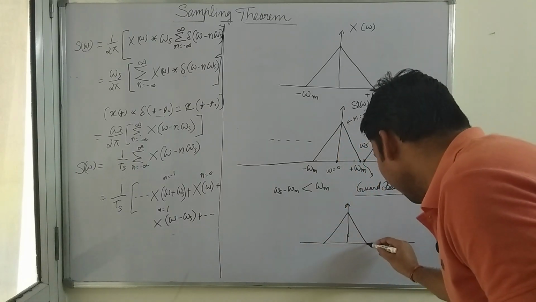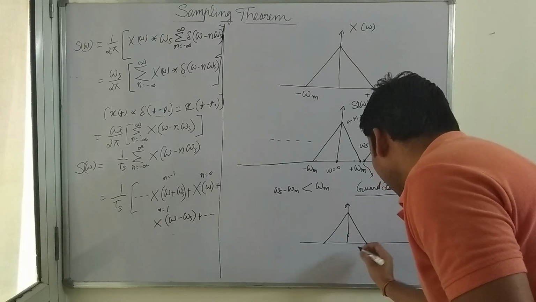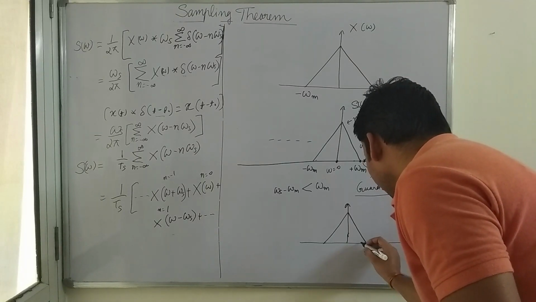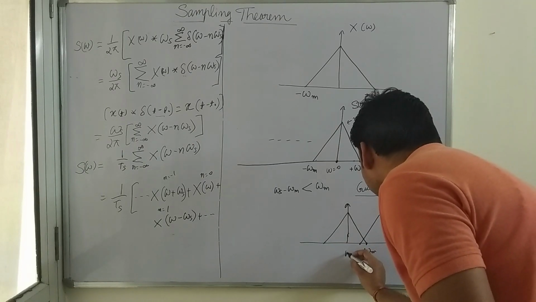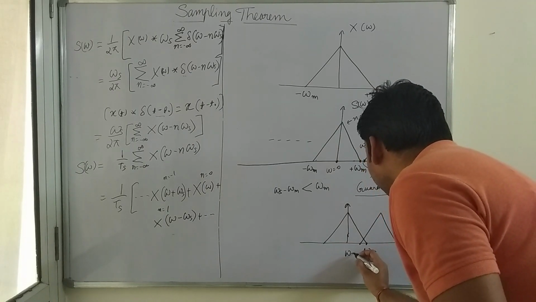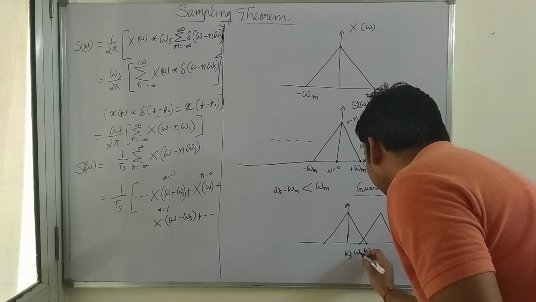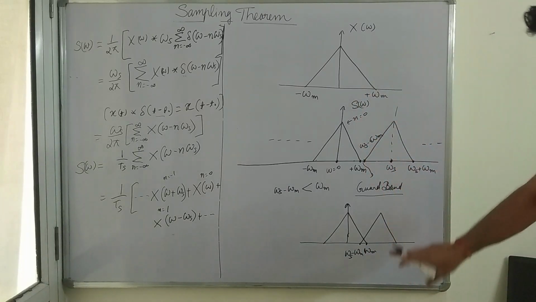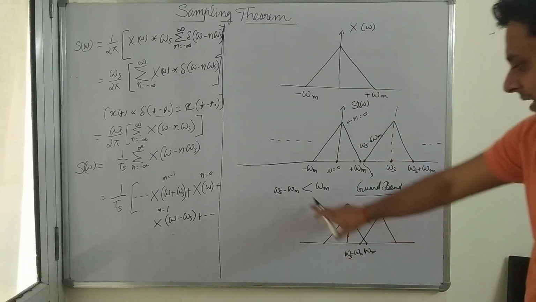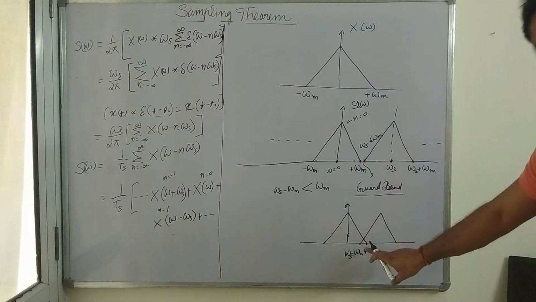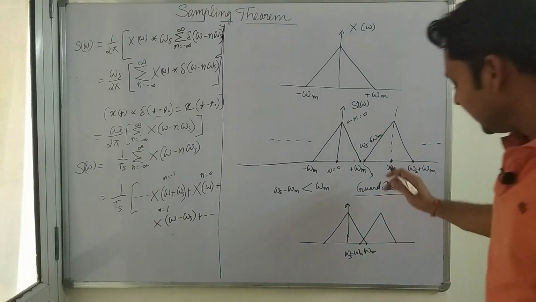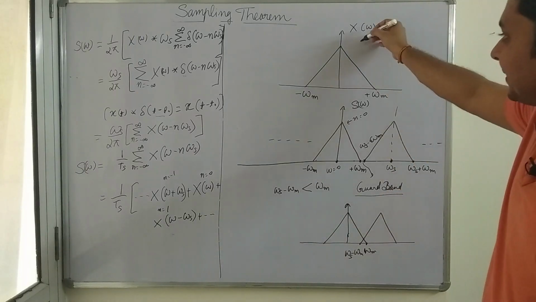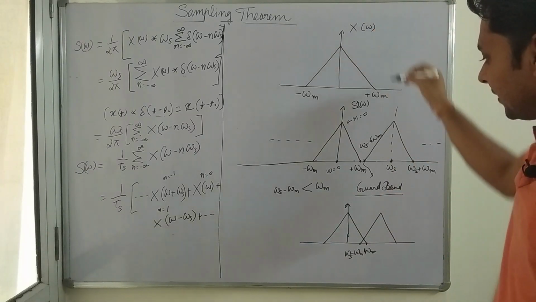This diagram will become like this. This is omega m, and this is omega s minus omega m. If omega s minus omega m is less than omega m, then this condition will occur. In this situation you can see that the signal has been distorted, and X of omega is not recoverable.